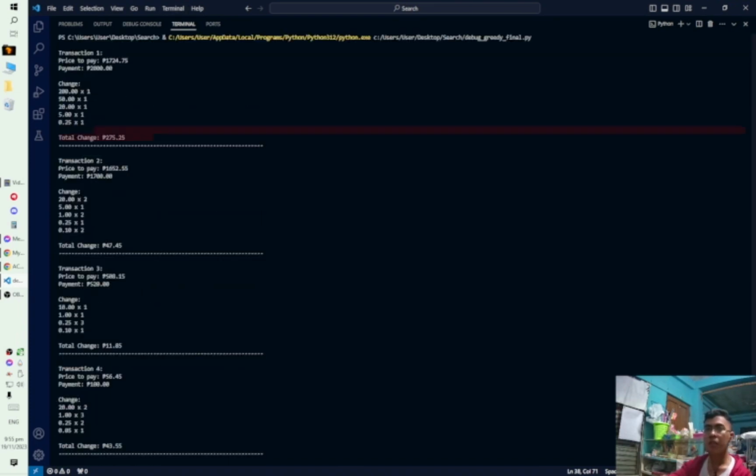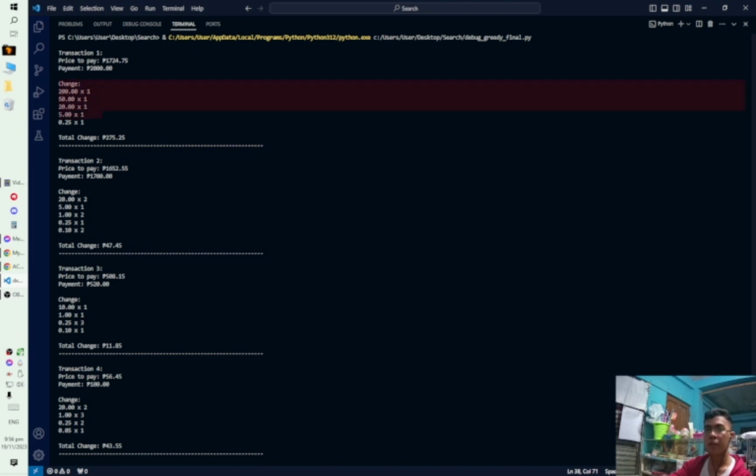Let's see. So for transaction 1, we have a price to pay of 1,724.75 and a payment of 2,000 pesos. If we calculate the change of this, it should be 275.25. How do we break this down into the smallest or fewest possible coins and bills to give to the customer?